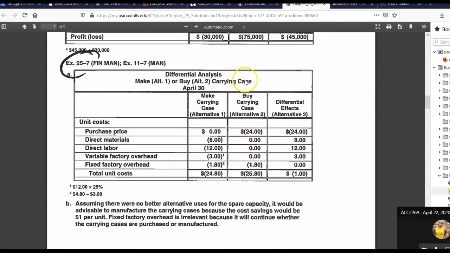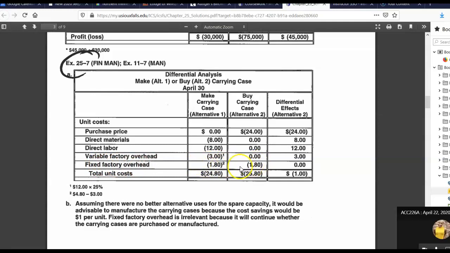Likewise, do you make it or do you buy it? Well, if you're making it, of course, you don't have a purchase price, but you do have your direct materials, direct labor, and overhead. But make sure we factor in what is the fixed overhead. And if we buy it, of course, we're not going to have direct materials, direct labor, or the variable overhead. We're going to have the purchase price, but we will also have the fixed overhead. So I said to you earlier, you could either eliminate this row altogether, right?